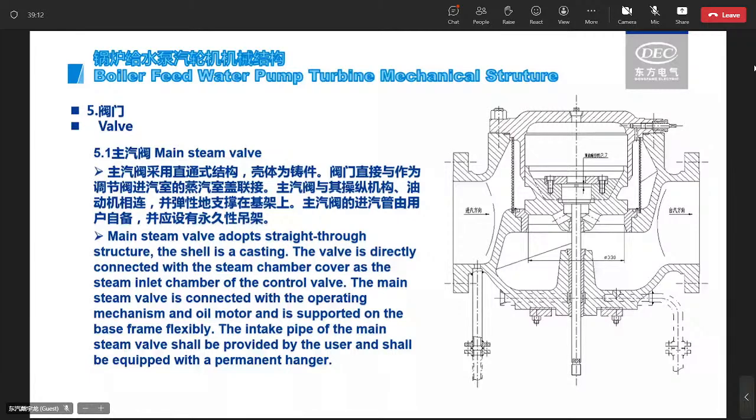The main stop valve is connected with the actuator and is supported on the support flexibly. The inlet pipe of the main stop valve shall be provided by the user and shall be equipped with a permanent hanger.